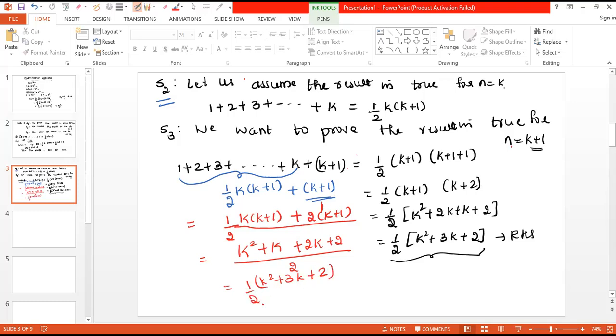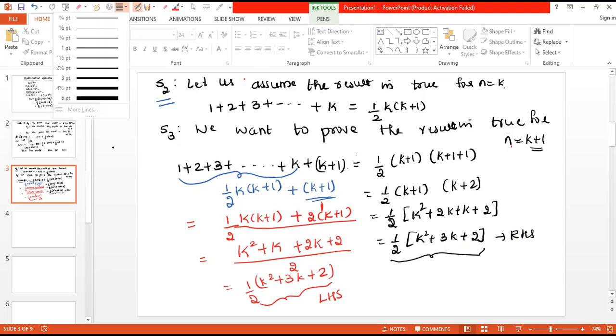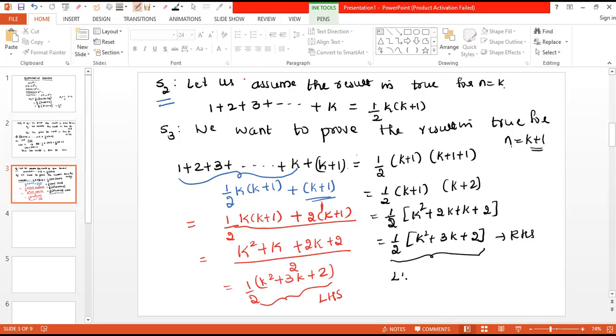If you observe this result and this result, this is your LHS and this is your RHS. You can see your LHS and RHS are the same. So we conclude that your LHS is equal to RHS. Therefore, the result is true for n equal to k plus 1.